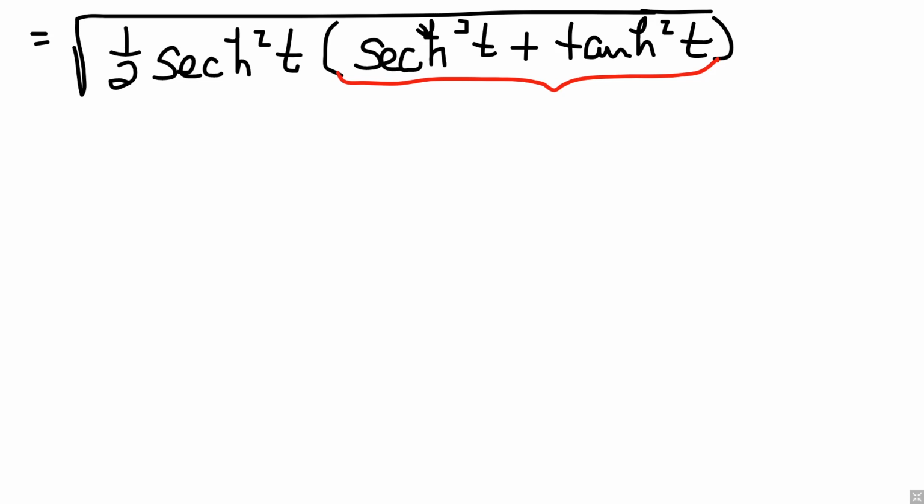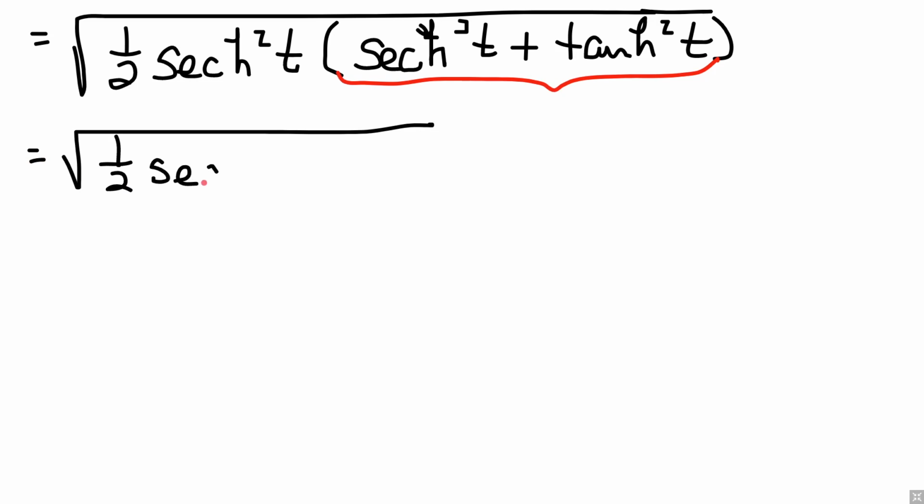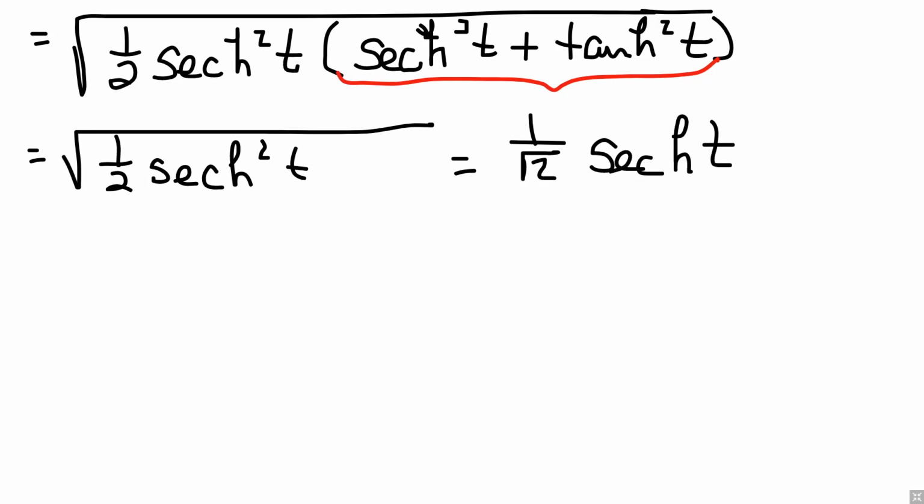So what is that expression equal to? Yes, it's equal to 1. So really, all we have is the square root of 1/2 times the secant hyperbolic squared of t, which essentially is going to be 1 over the square root of 2 times the secant hyperbolic of t. Okay? Any questions there?